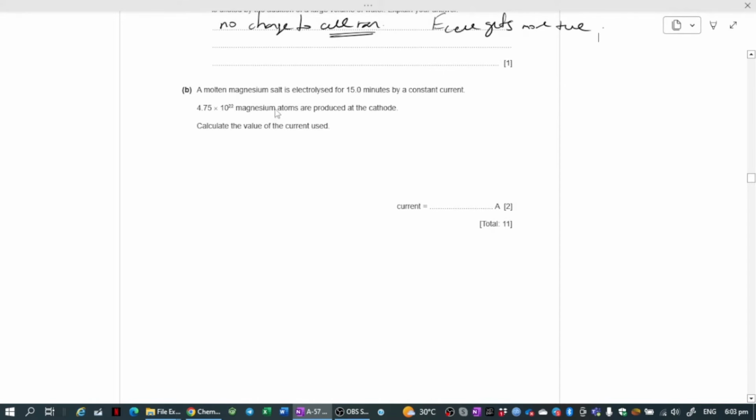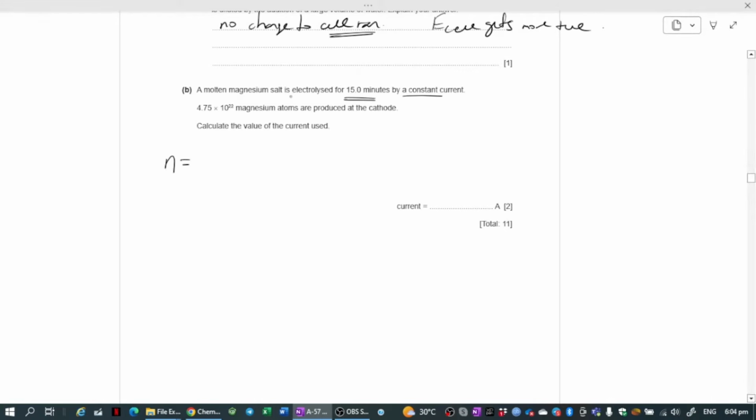It says a molten magnesium salt is electrolyzed for 15 minutes by a constant current. 4.75 by 10 to the 22 magnesium atoms are produced at the cathode. Calculate the value of the current used. So we first have to work out the number of moles of magnesium that was produced.